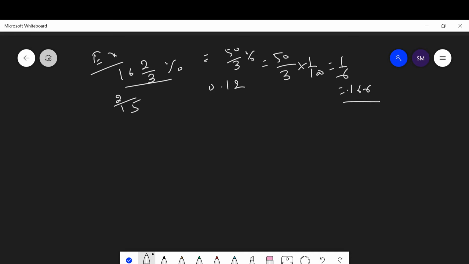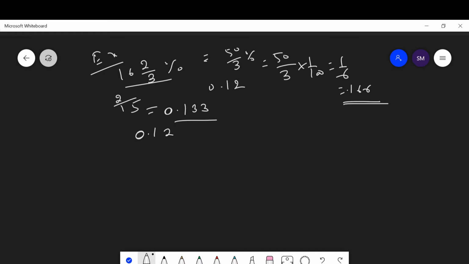2 upon 15 when converted into decimal form is 0.133, and here another decimal number is given, 0.12. Then easily you can compare which is greater.